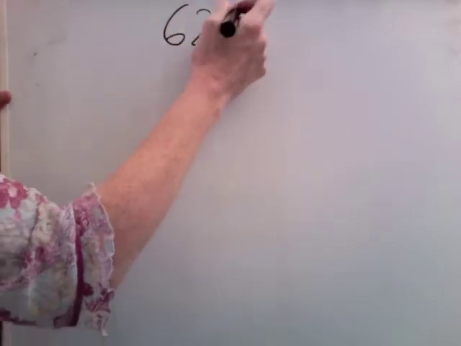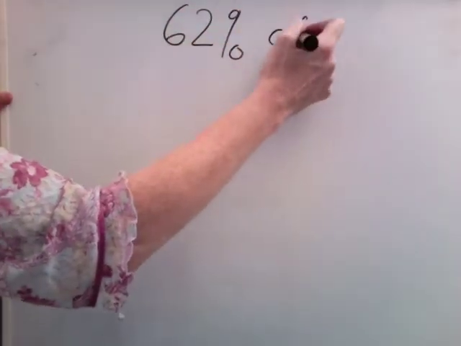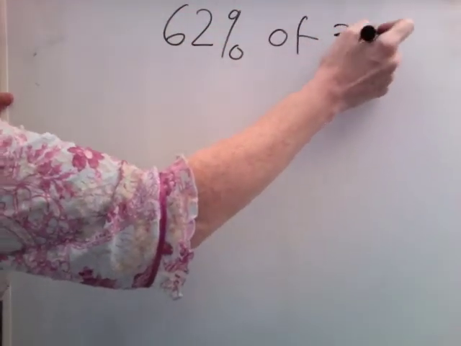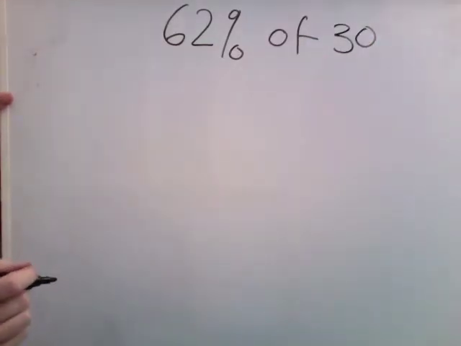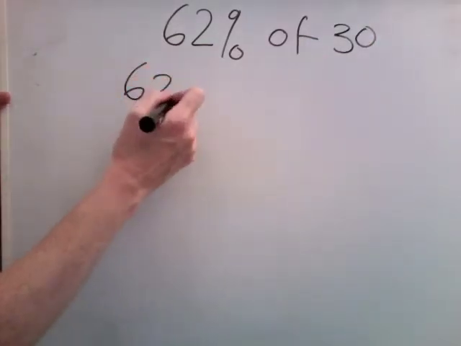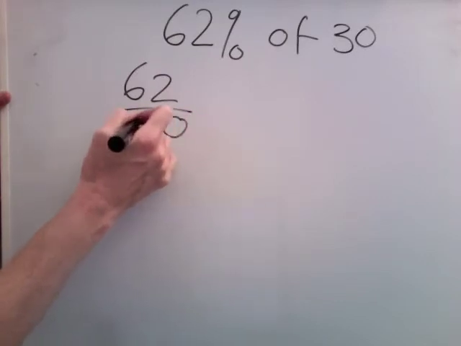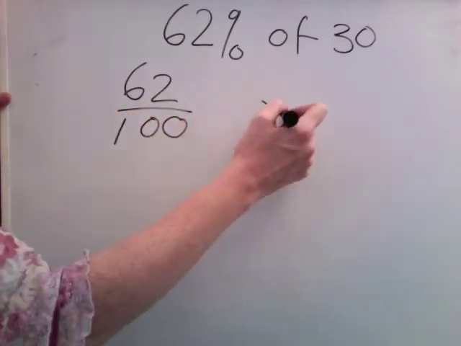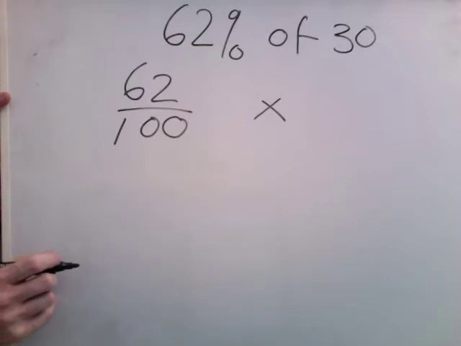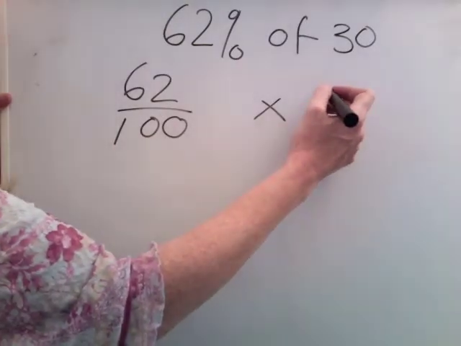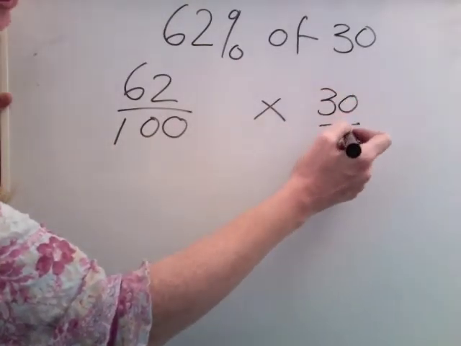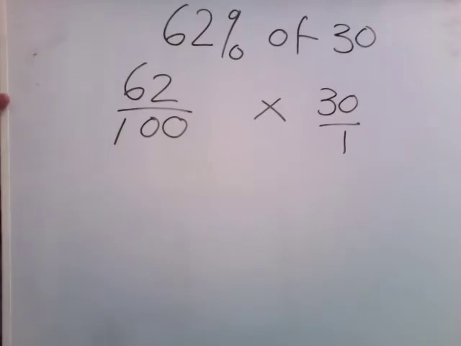One last one, 62% of 30. So 62% as a fraction, 2 digits, 2 zeros, of is times, and 30 as a fraction is 30 over 1.